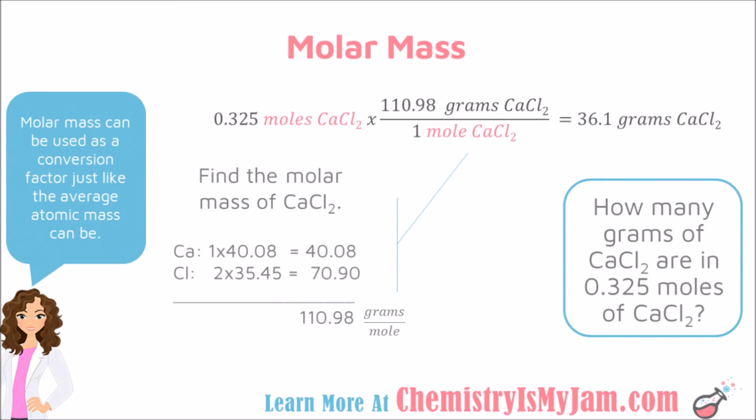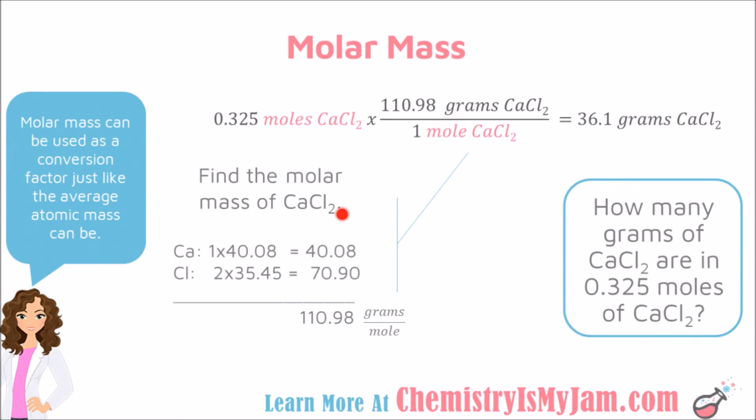At this point, I want to switch from moles to grams. Now I can do that using the molar mass off of the periodic table. That is a conversion factor that allows me to make that switch. So I'm going to calculate the molar mass. I find calcium on the periodic table. I have 1 calcium in my formula, so 1 times 40.08 is 40.08.